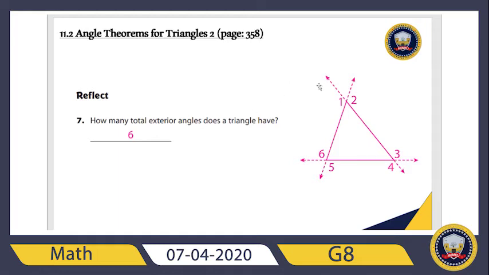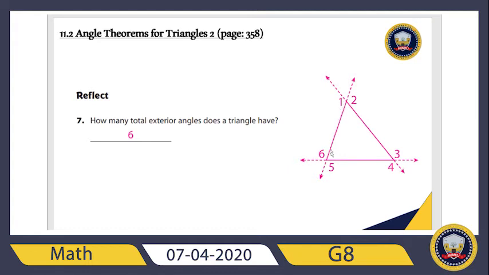Let's find them. What we are going to do is extend this side like this, and it makes an angle here. So it is an exterior angle. If we extend this side, it makes an exterior angle from here, which is angle 2. 3, of course, is an exterior angle. 4 as well, by extending this side this way, it makes an angle here that is 4, which is an exterior angle.